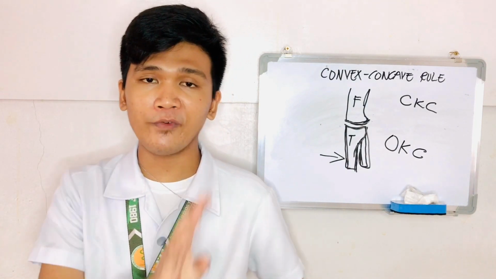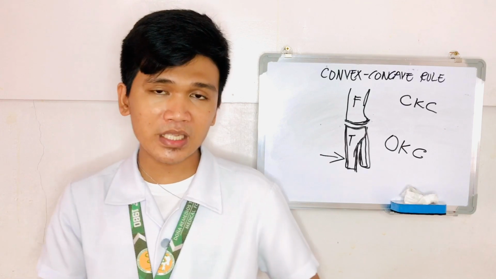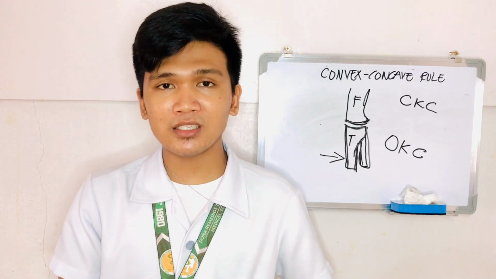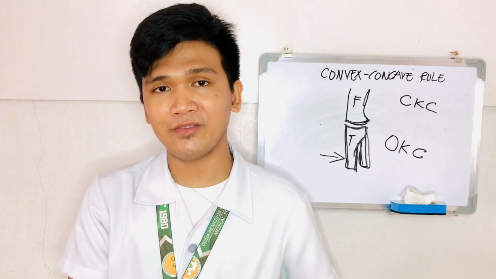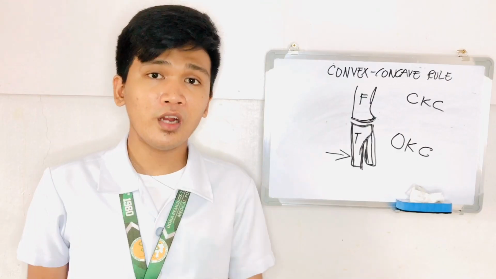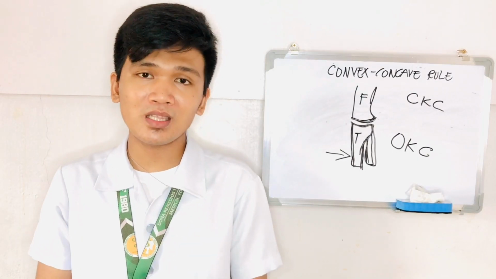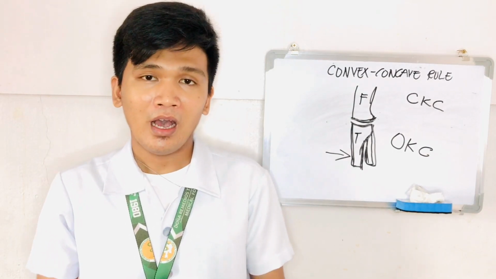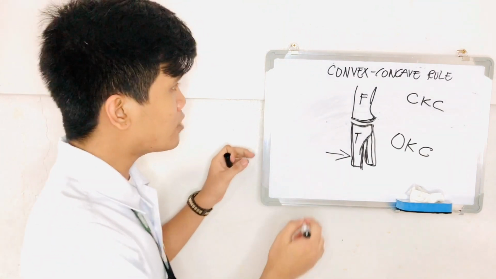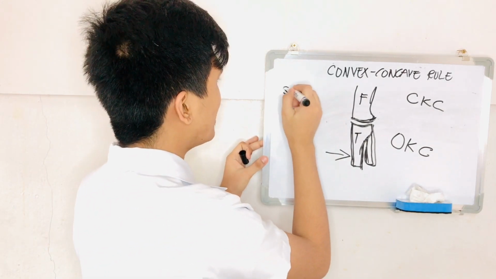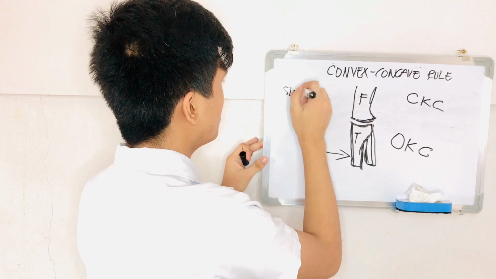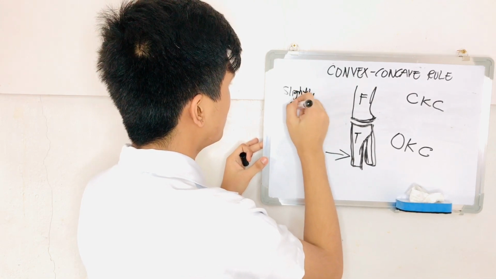It has also 4 types. We have gravity, muscles, externally applied resistance, and friction. For gravity, here are the important things to remember. Our center of gravity, for adults, we have slightly anterior to S2.